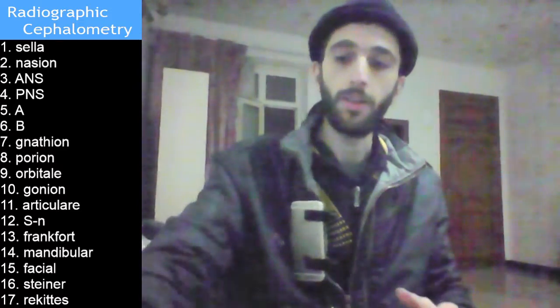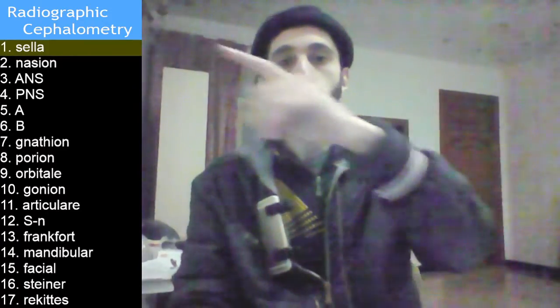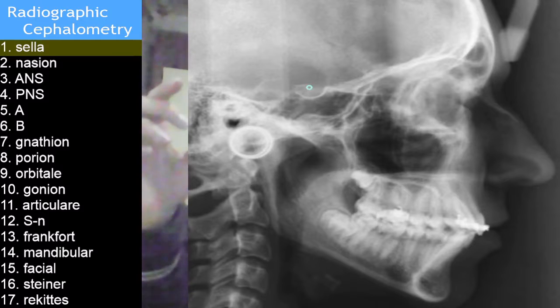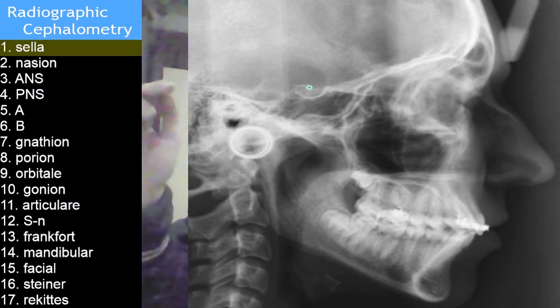One of the points to be measured is called the sella. This is the first point in radiographic cephalometry.